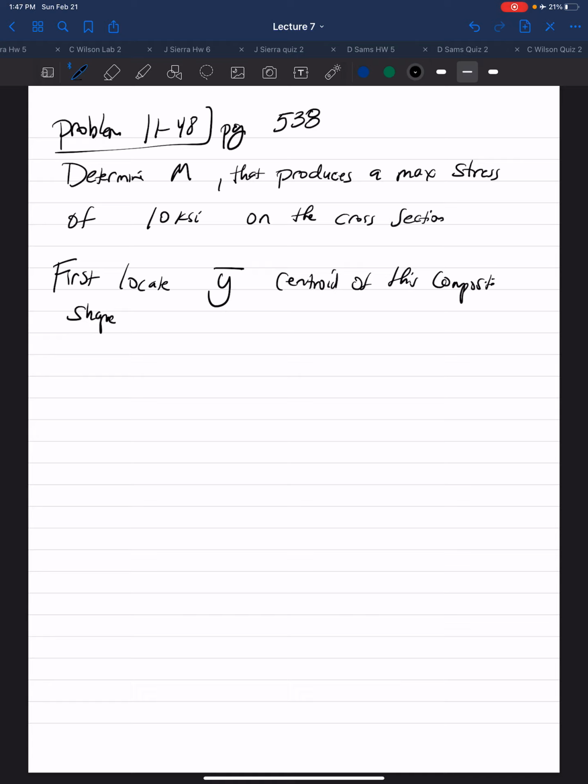And this is chapter 6 concepts, where our Y bar is equal to your sum of y wiggly bar A over the sum of A, where the y wiggly bar is the coordinates of the center of gravity of each of the composite parts of the body.